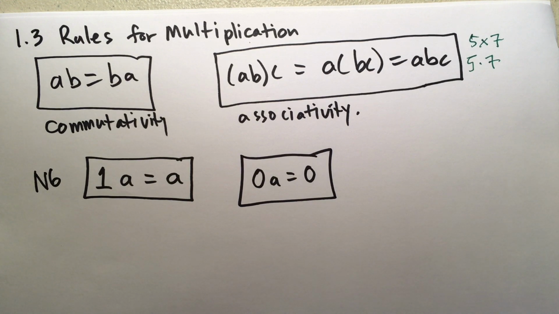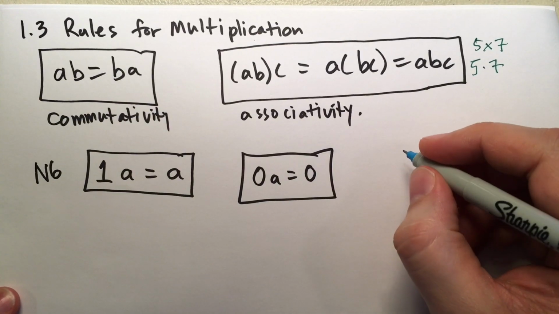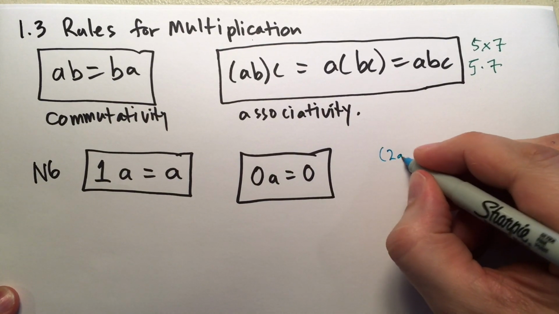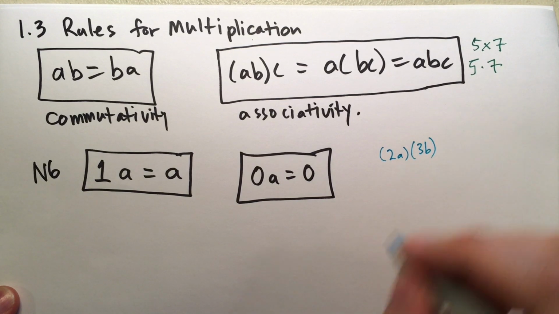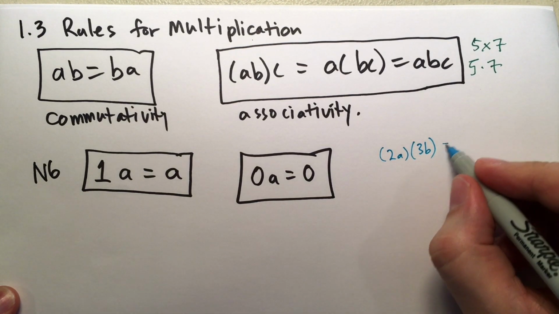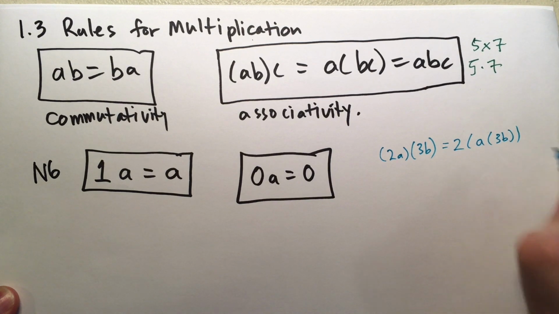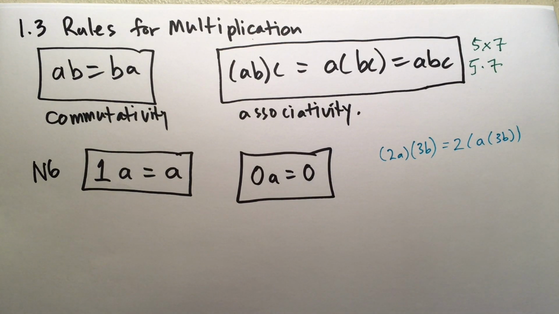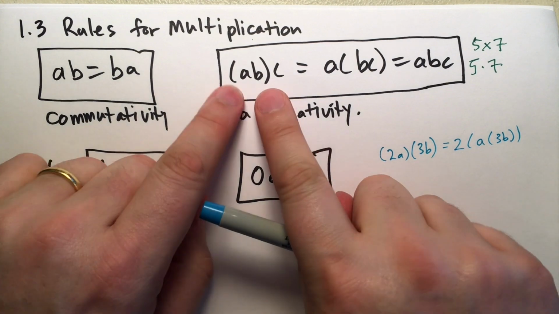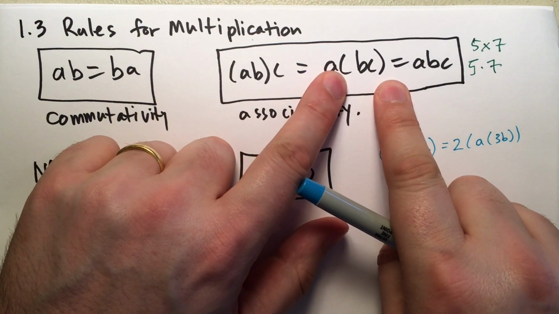Let's give an example here. So he has example 2a times 3b. You can write that out this way as 2 times a times 3b. And we're using, again, the associativity rule here. These parentheses, they move, just like they did for addition.